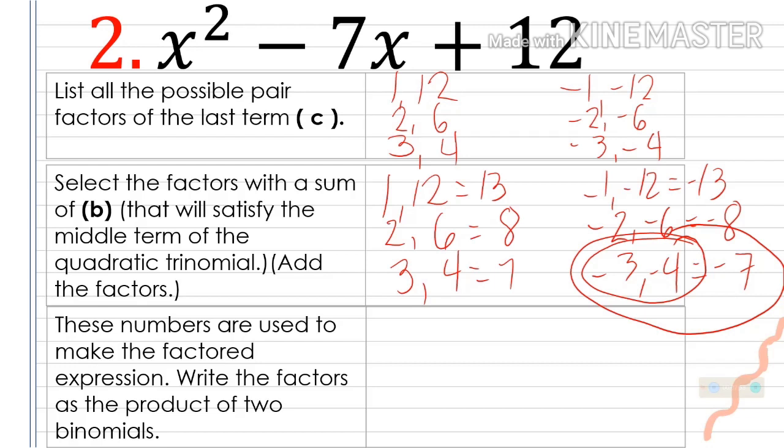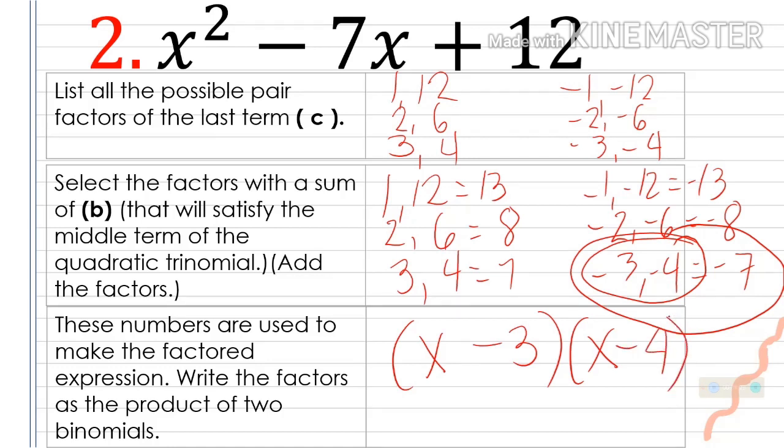Again, you are going to use those numbers to make the factored expression, writing the factors as the product of two binomials. The factors of x squared will be x times x. Then the factors of 12 that satisfy the middle term will be negative 3 and negative 4.